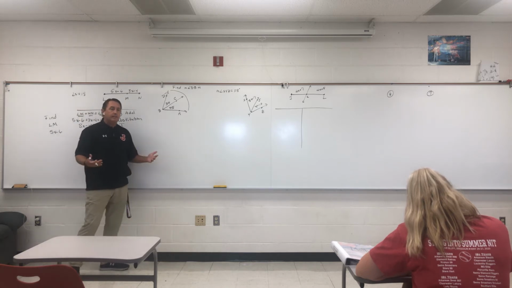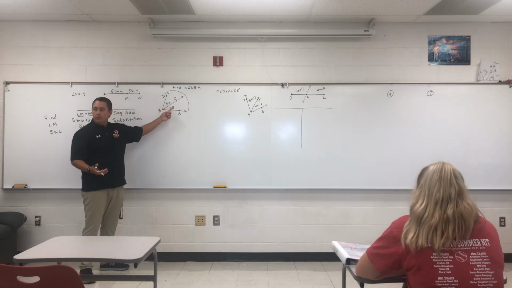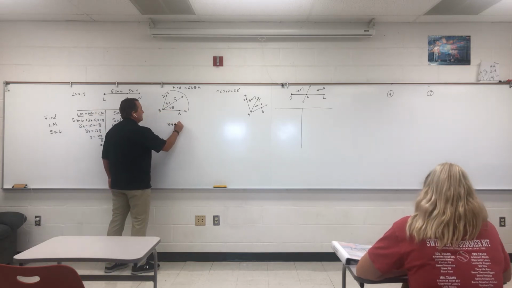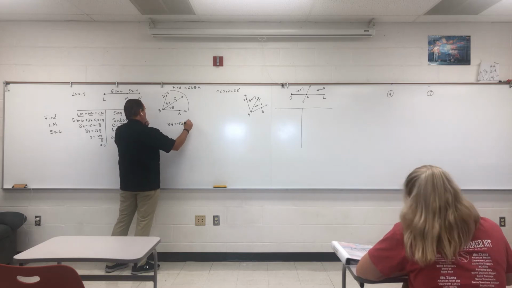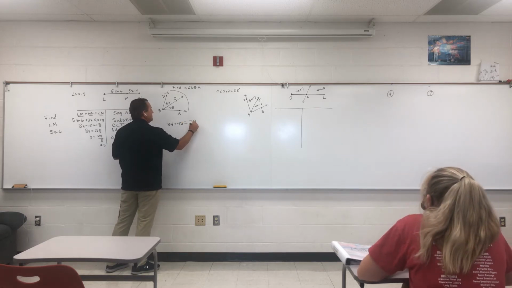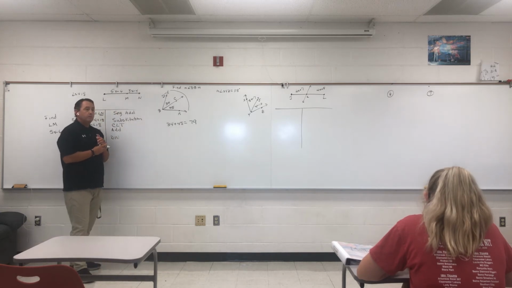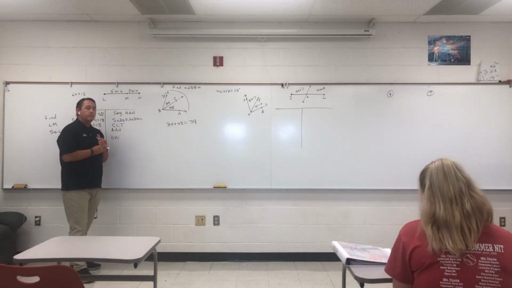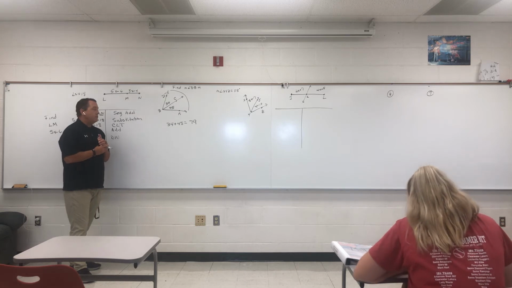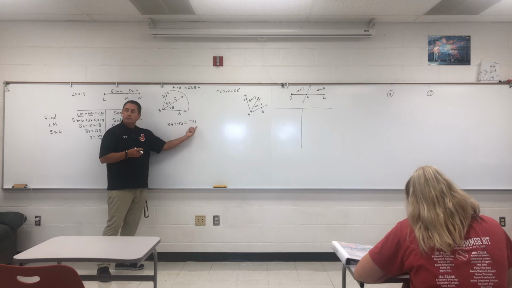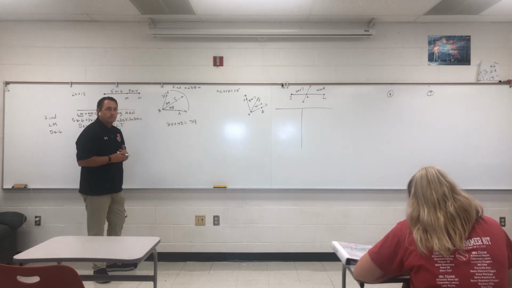So does it make sense to everybody that if this one's 34 and that one's 45, 79 would be the measure of angle DBA, wouldn't it? Okay, now here's what I want you guys to do, just so you can see this. You may have just wrote down 79, but I want you to write 34 plus 45 equals 79, where you have a little bit of space below it.